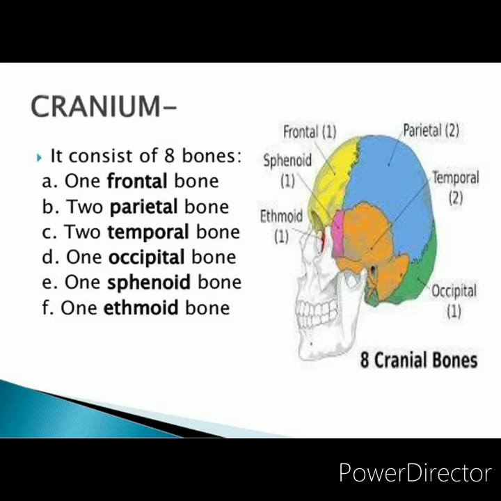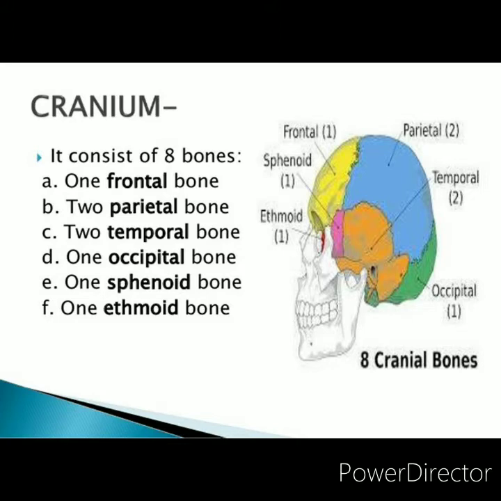It consists of 8 bones in total. Let's see in the pictures. Have you seen the yellow color region? That is known as the frontal bone. We have one frontal bone, the front part of our skull.